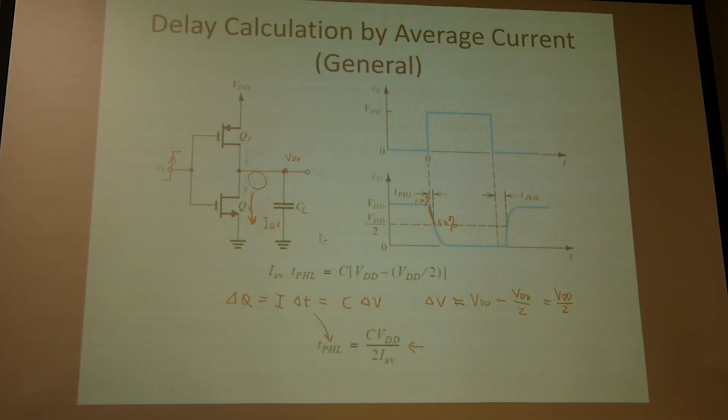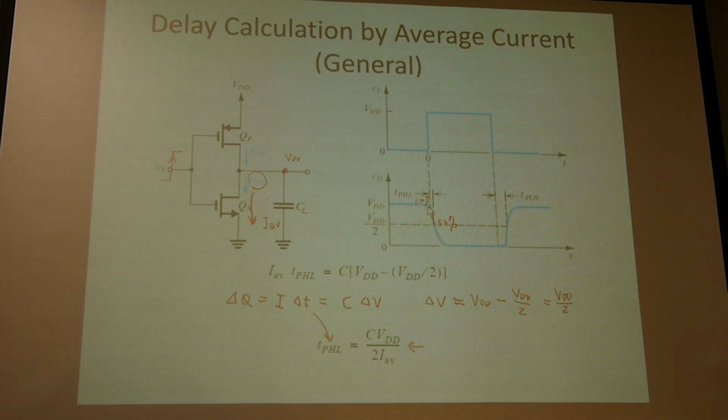Okay, so the general method here is to use the average current. And we consider the charge removed from the capacitor, delta Q, equals the current flowing through the NMOS transistor times this delay, delta T. And this delta Q also equals the capacitance CL times the change of the voltage in this process.